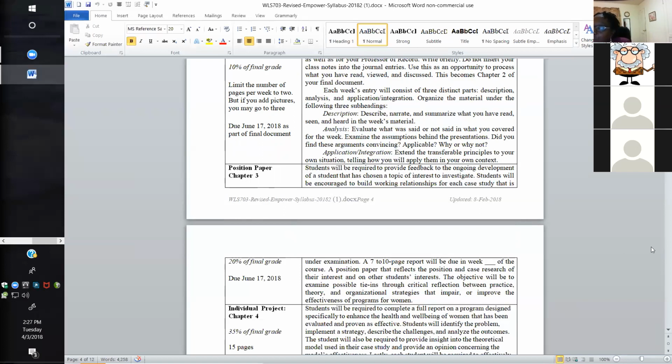But also, as you read the literature, you may have a special interest in a particular program that empowers women, either in the area of health or in the area of economic development. So you would want to hone in on that interest. Of course, you will discuss that with me, and I will help you to hone in on it in order to write your position paper.